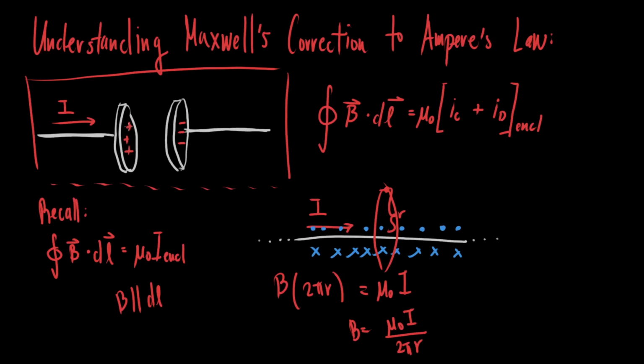But in this case, what happens if you have a capacitor? Will there be a magnetic field in this direction? And if so, how do we map that? Because there is no current in a conductor, in a capacitor, right? There's no current here. So that's a question that we will discuss in an upcoming video.